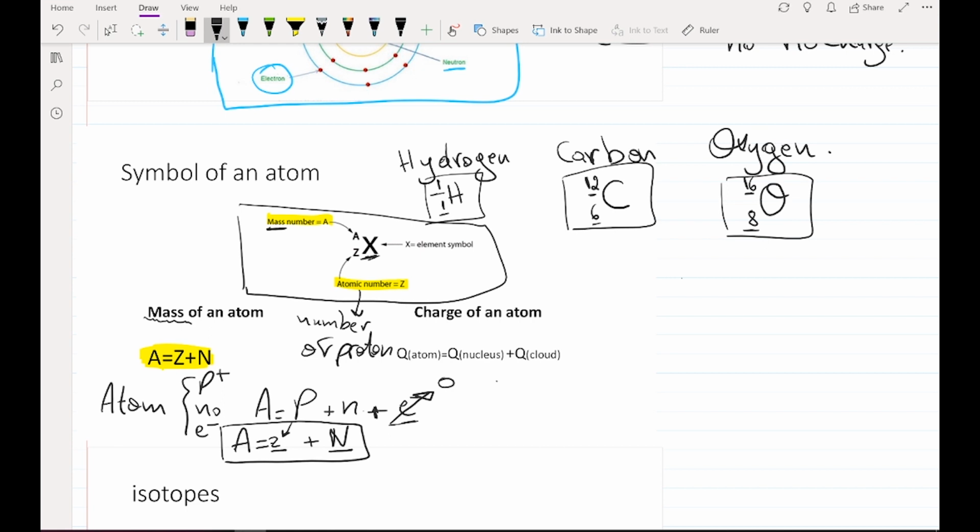Example, إذا عندي carbon 12 6, how many neutrons does it have? منقول A equal Z plus N. We reorganize the formula N equal A minus Z لأنه نحن السؤال هو how many neutrons, equal 12 minus 6 equal 6. So how many neutrons? 6 neutrons.